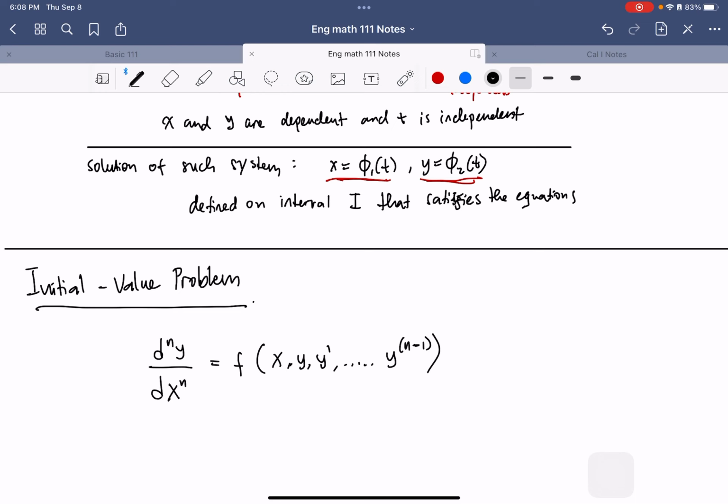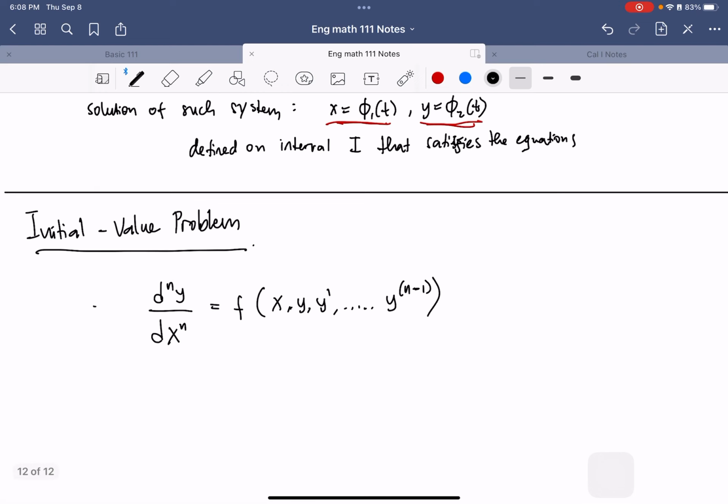And if we know some initial conditions that can solve this differential equation, then we might have solutions directly. It depends on how high the order is.